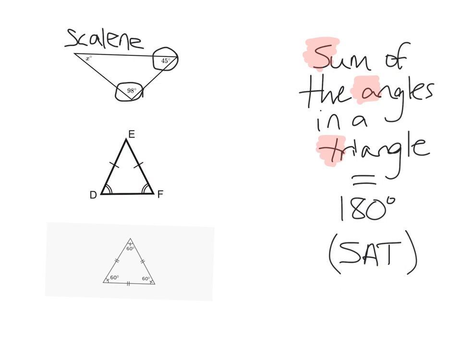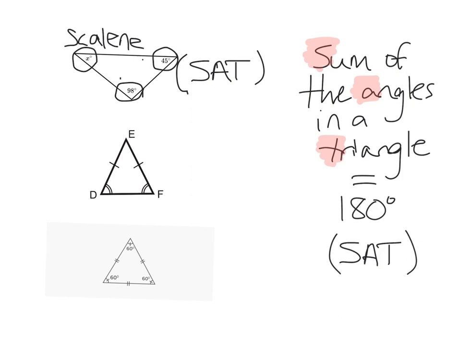So I know that based on sum of angles in a triangle, if I add these 2 angles together, so this one and this one, and I subtract that result from 180, I'm going to be able to solve for x. Okay, so this one uses the sum of angles in the triangle theorem. Okay, I'm going to get more into examples, but I'm showing you the 3 different proofs ahead of time.